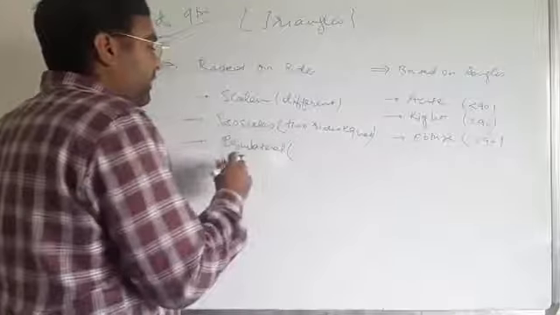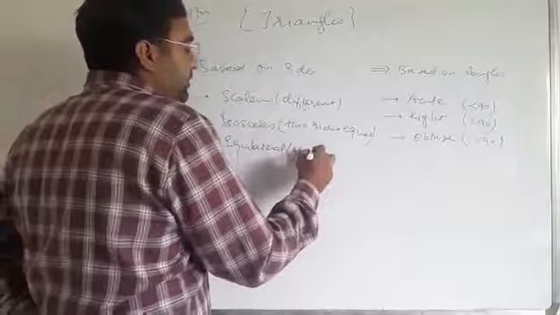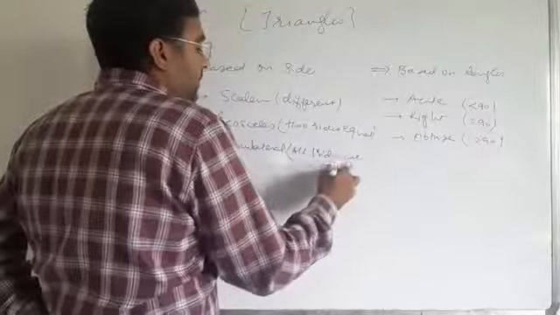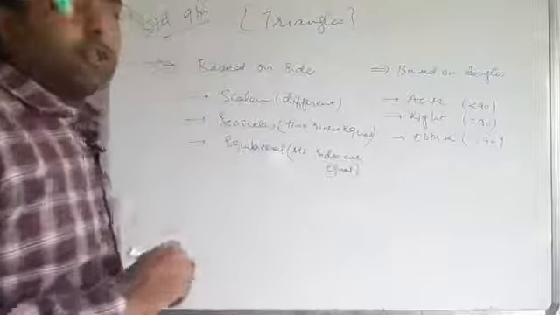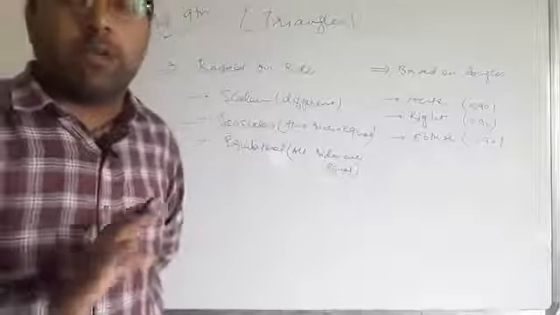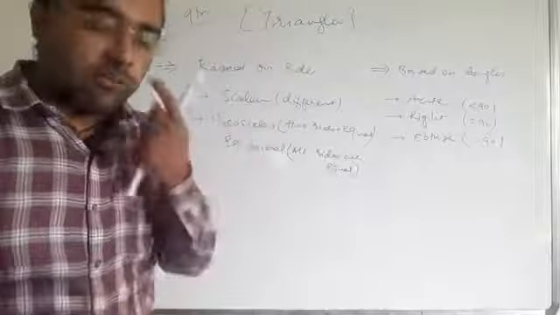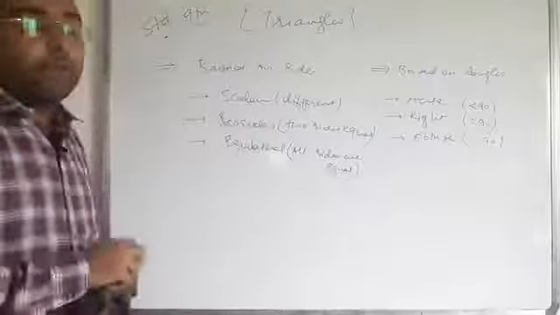In equilateral, all three sides are equal. This is the basic concept we know about triangles, but in this chapter we don't need to understand the types of triangles deeply.